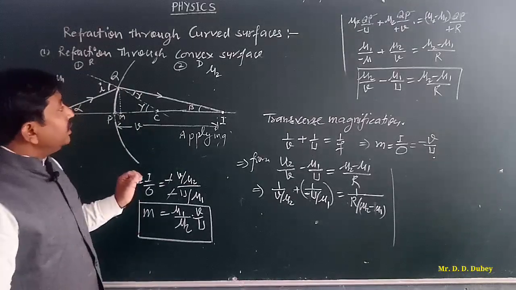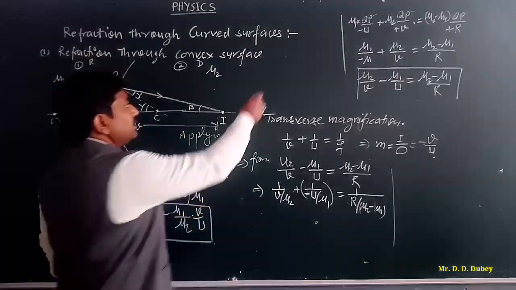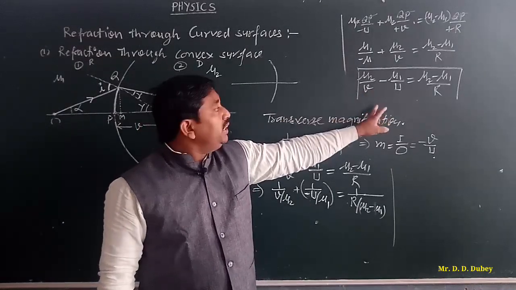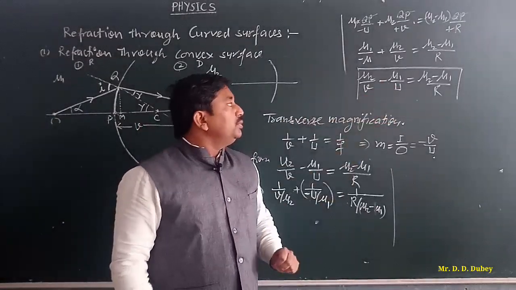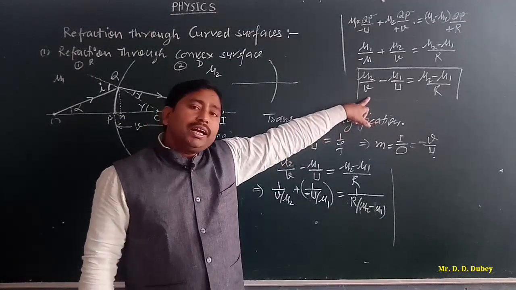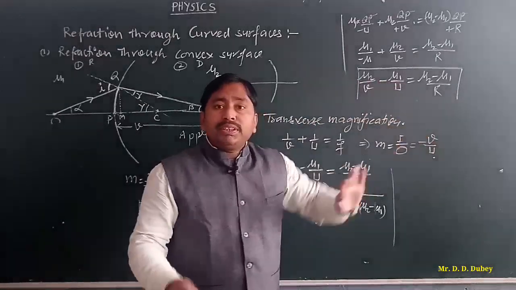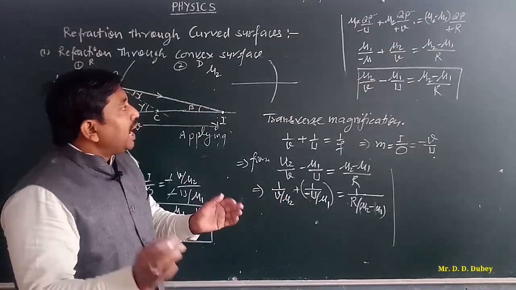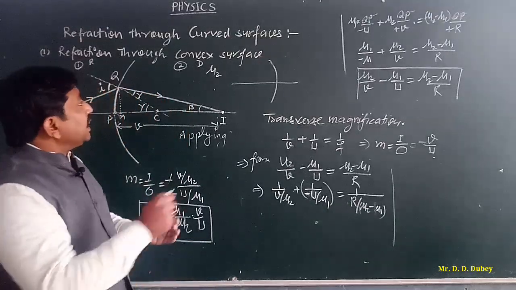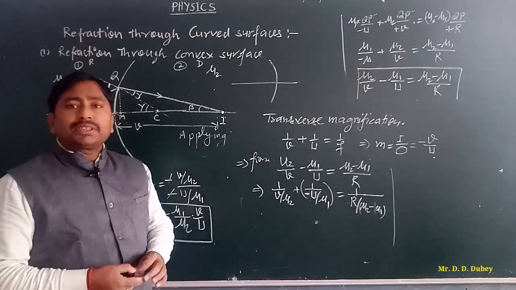And if we take a concave surface for refraction like this, then again we get the same formula, mu2 by v minus mu1 by u is equal to mu2 minus mu1 by r. So this is a universal formula. You can put the values of u, v and r with the sign convention and solve different types of numerical problems based on either convex or concave curved surfaces.